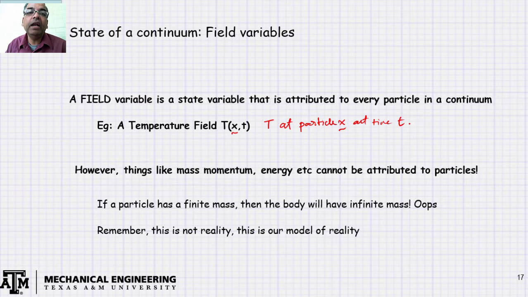So even our field variables become infinite dimensional because there is a field variable value at every location inside the continuum. So you can see that we seem to have gone from the frying pan into the fire.